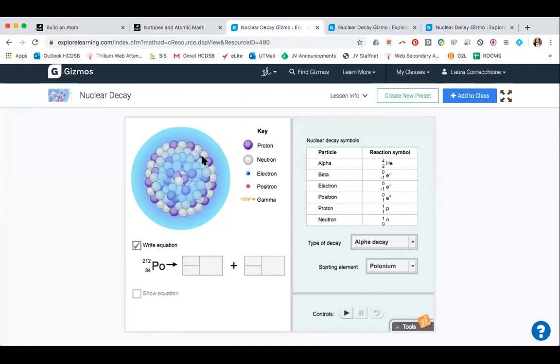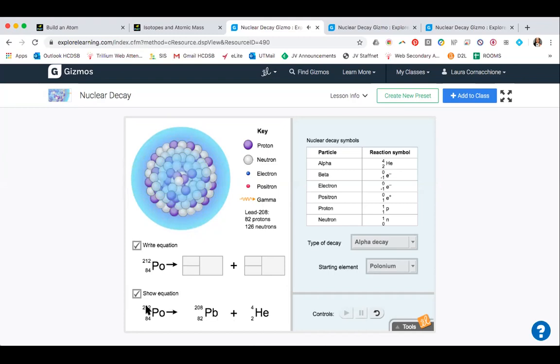I'm going to take a look at my legend: protons and neutrons, the purple and gray in the middle. Just going to play and see what happens. It's shaking to represent instability. Let's do it again. Shaking to represent instability, and 2 purple and 2 gray chip off, and there's gamma, energy released.